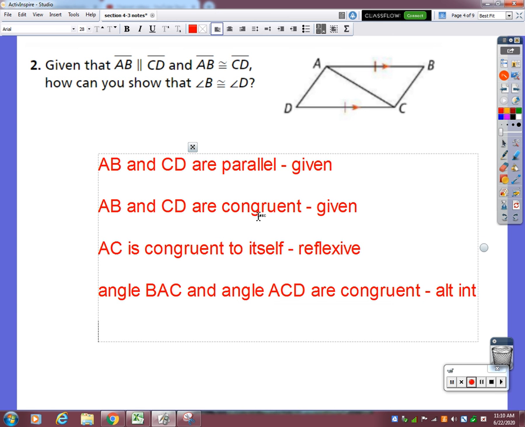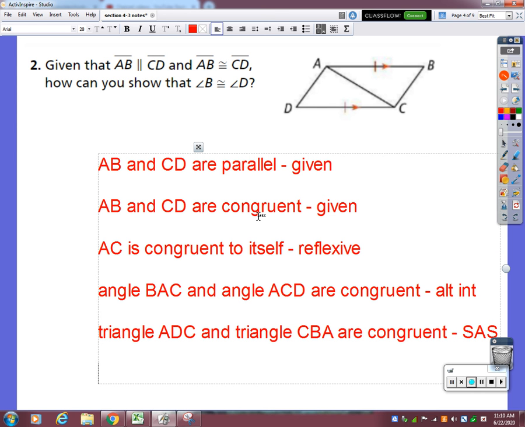And once I know that, then I know that triangle ABC and triangle CDA, where A goes with C, B goes with D, and C goes with A, are congruent, and that's from side angle side.